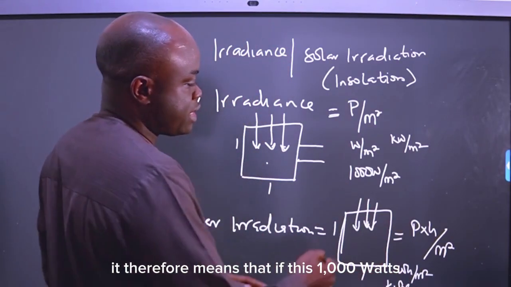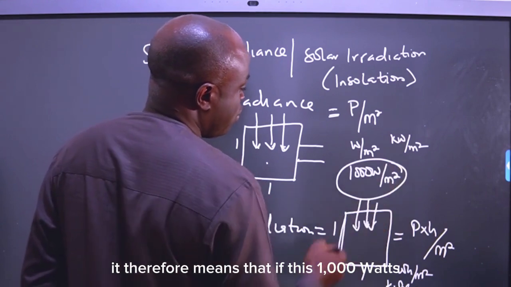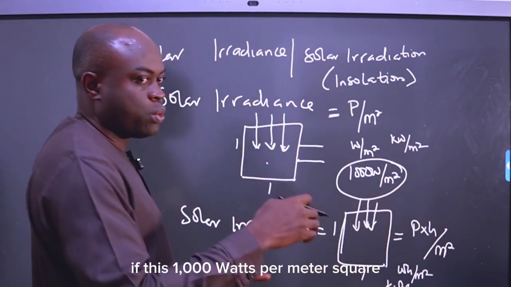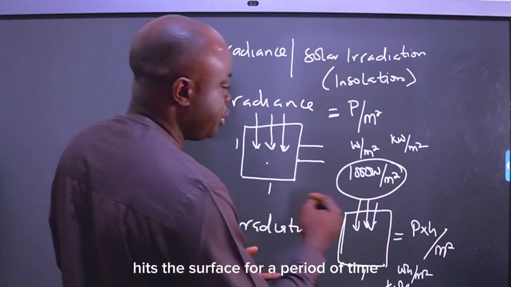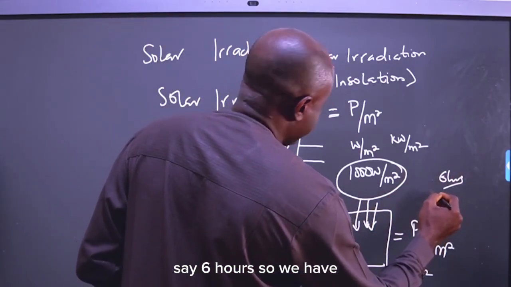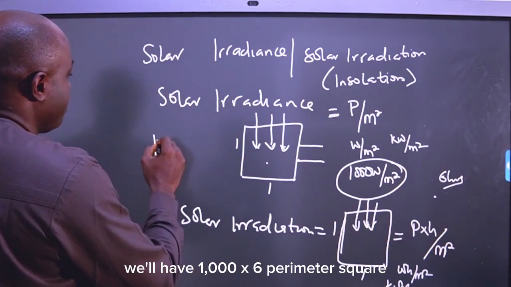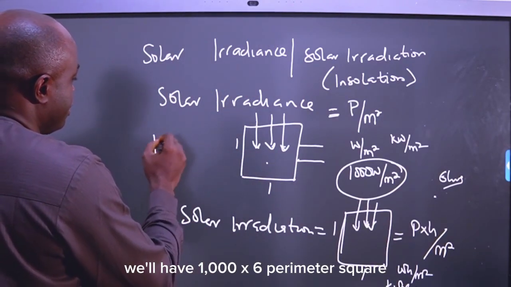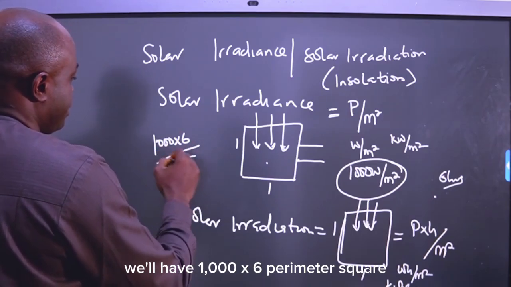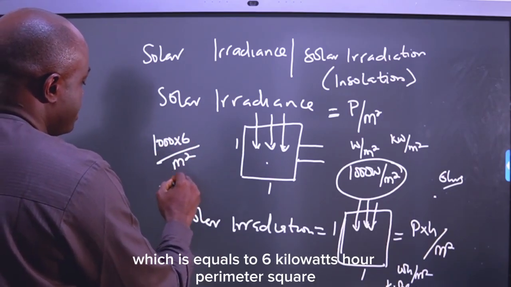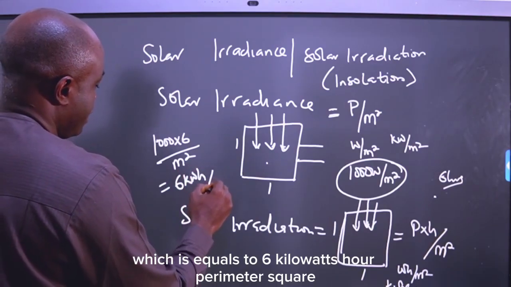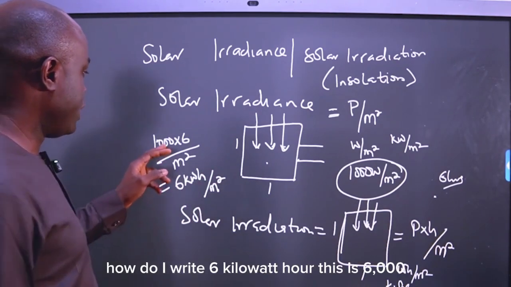It therefore means that if this 1,000 watts per meter square hits the surface for a period of time, say 6 hours, we'll have 1,000 times 6 per meter square, which equals 6 kilowatt hours per meter square. How do you write 6 kilowatt hours?